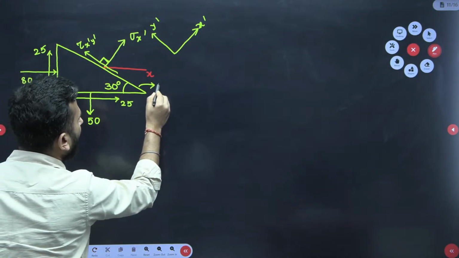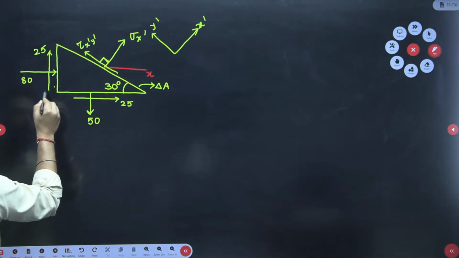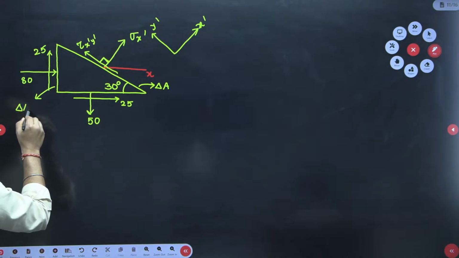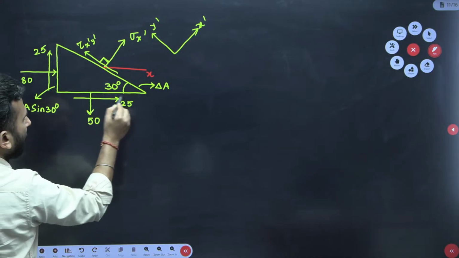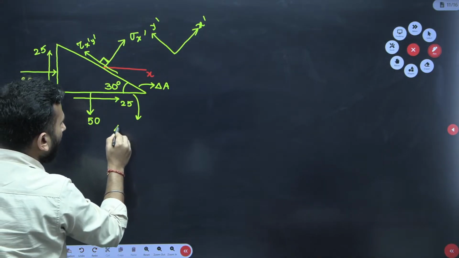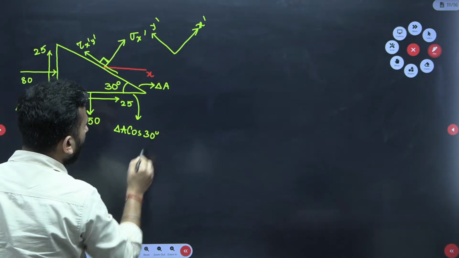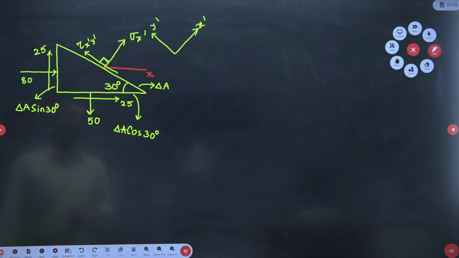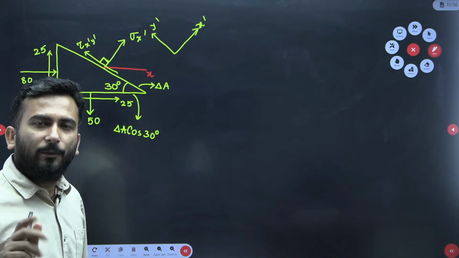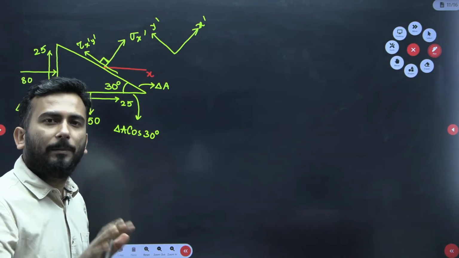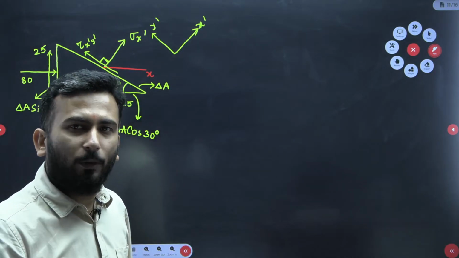If this is delta A, then this one will be delta A sin 30, and this one will be delta A cos 30. Area is fine. This is the last time I am writing area. If I simply talk about stress, you multiply by area, you get the force. No need to see anything. For getting the force, simply multiply by area.